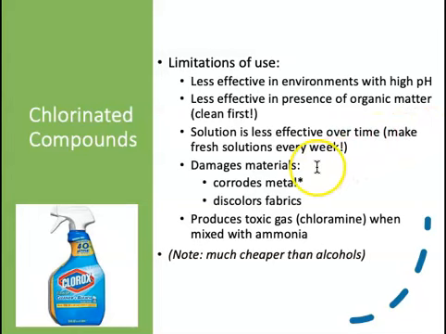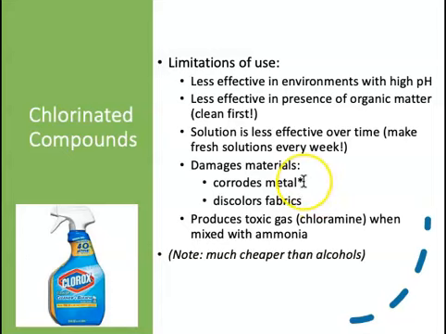Bleach is also known for damaging materials. You probably are already aware of the fact that bleach will discolor fabric if it's sprayed onto fabric. Now, obviously, we take advantage of this in the laundry. Bleach is often added to white materials in order to brighten them because it does take colors, dyes out of fabrics.